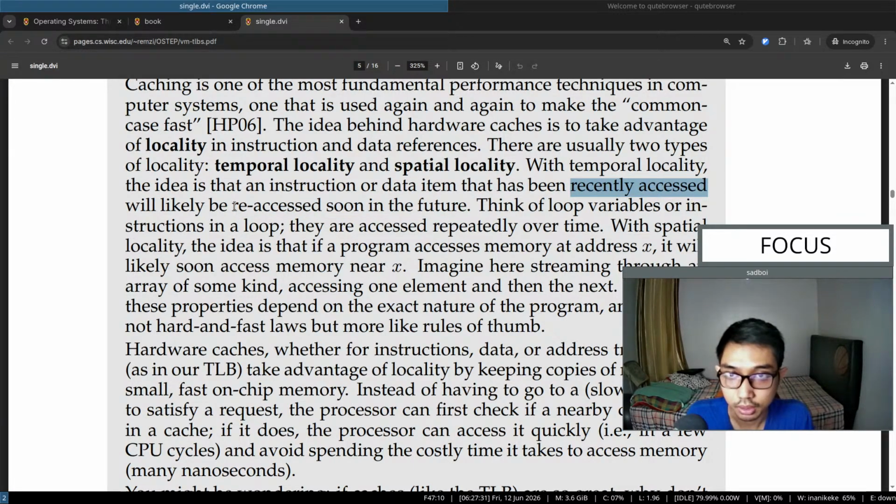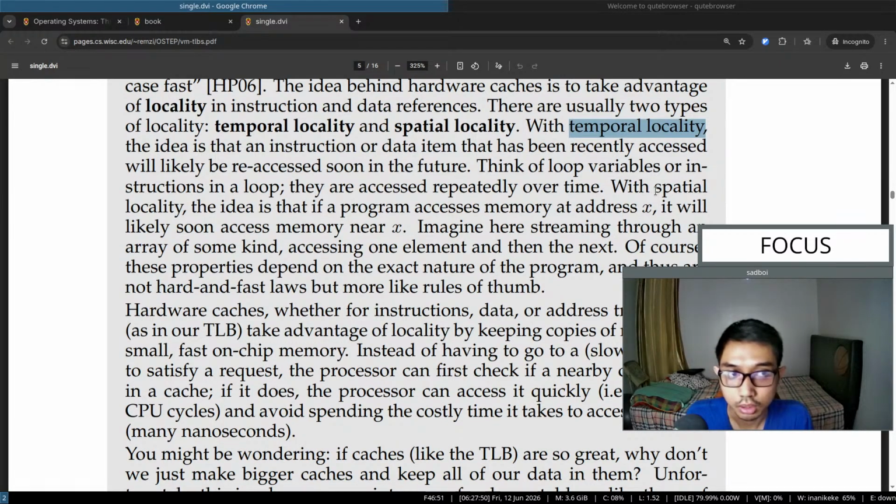Basically, we are saving the data or instruction that was recently accessed and will likely be reaccessed soon in the future. That is the temporal locality.